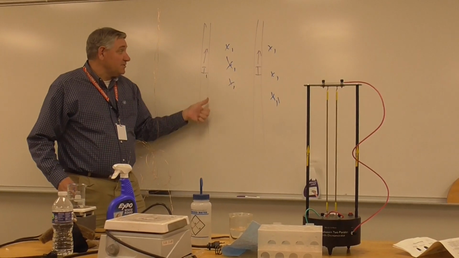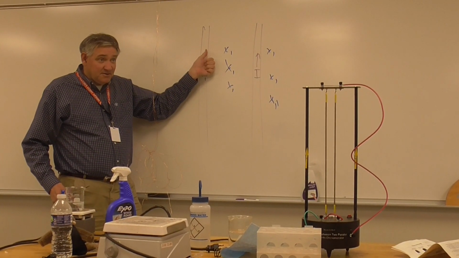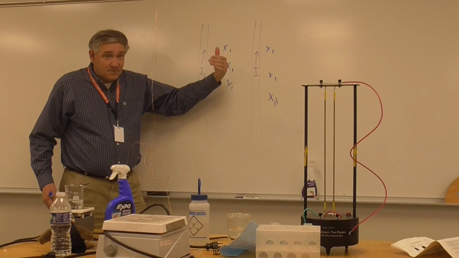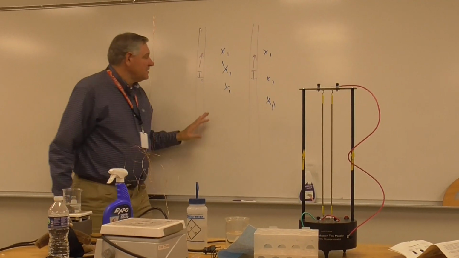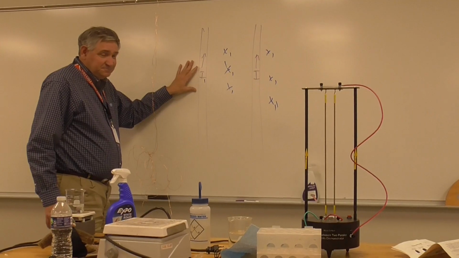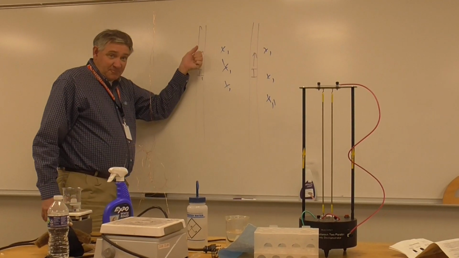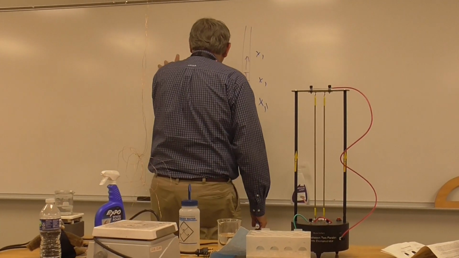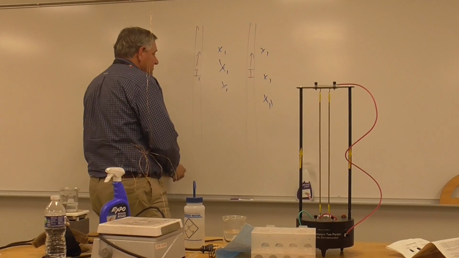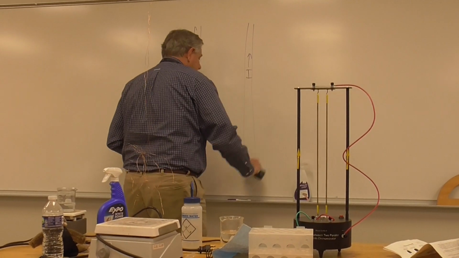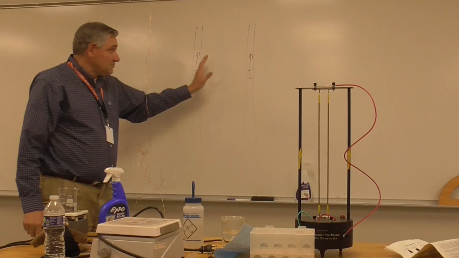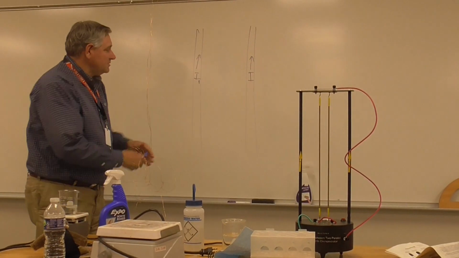This side over here, the current's going this way. Now if I thumb... this current is going up, right? So when you have X's on this side, don't worry about this one. Left hand, right hand rule.